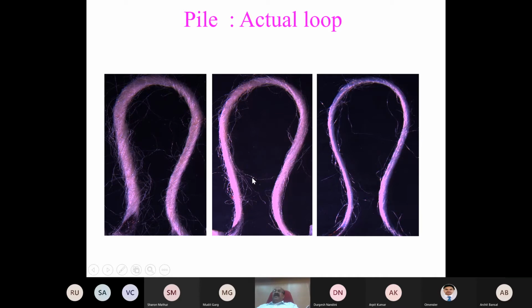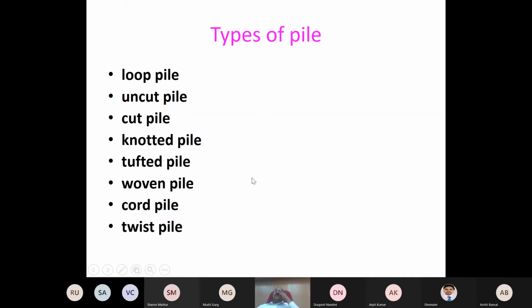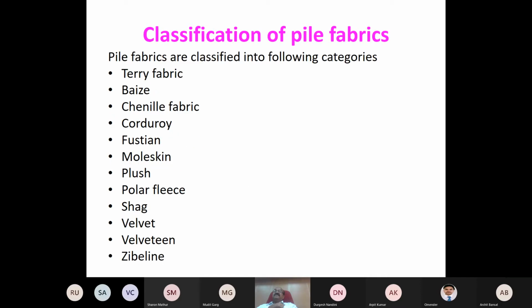Today we will discuss the manufacturing part, and the structural properties part we will discuss next class. There are so many types of piles: loop pile, uncut pile, cut pile, knotted pile, tufted pile, woven pile, cord pile, twisted pile. So many varieties of pile are all possible in conventional weaving machines.